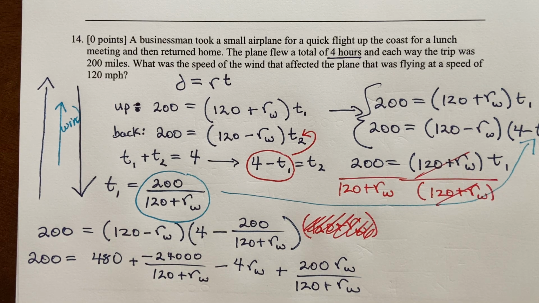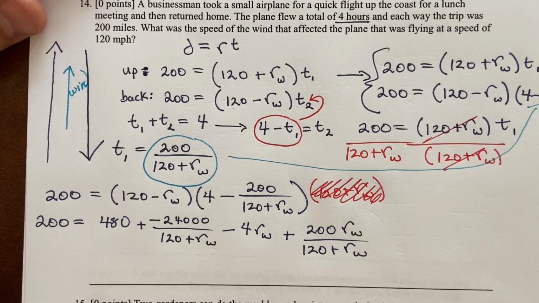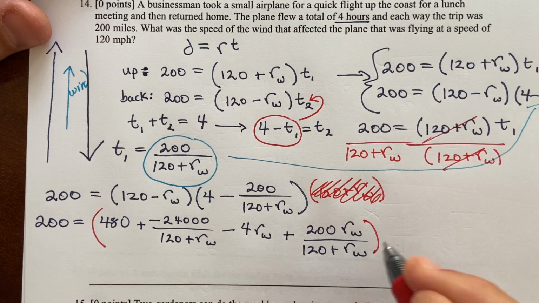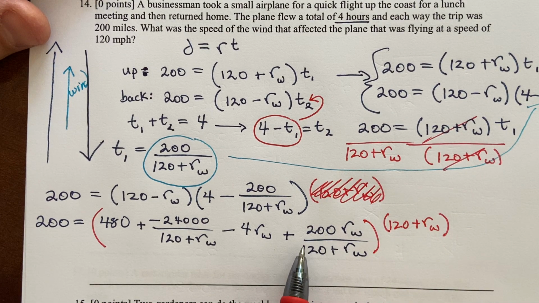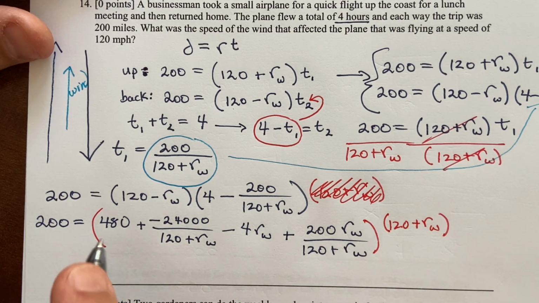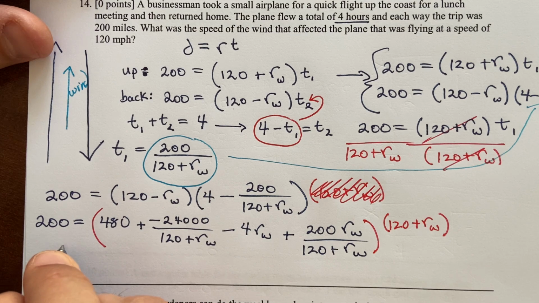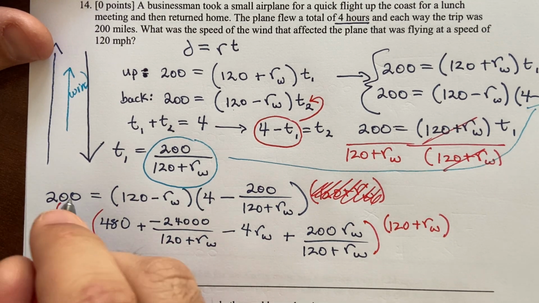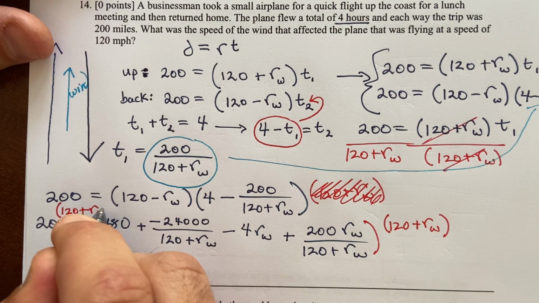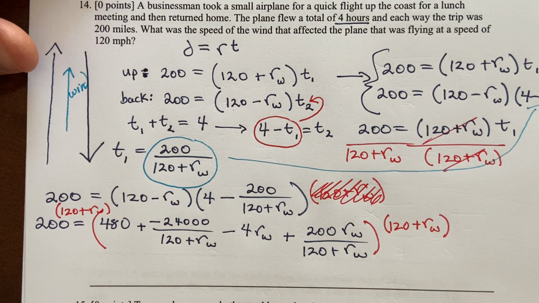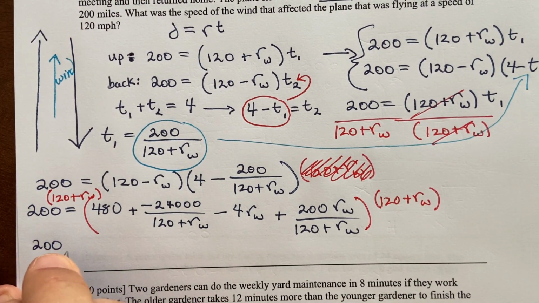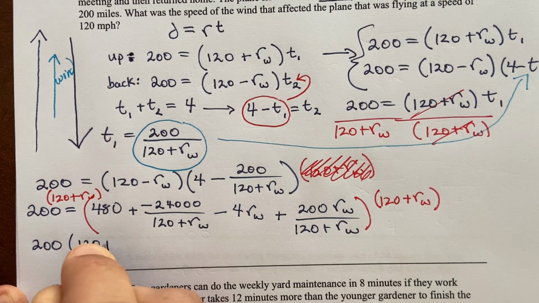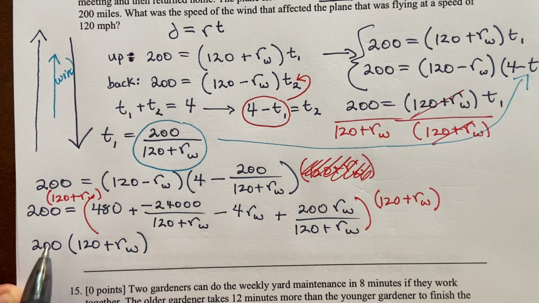Okay. So now I'll do that multiplication I was thinking about earlier. I'll multiply both sides by 120 plus R sub W. I'm doing that so I get rid of this fraction. What I do to one side, I have to do to the other side. Kind of running out of room, so I'll squeeze that here. So I have 200 times 120 plus R sub W on the left-hand side. I still need to distribute.